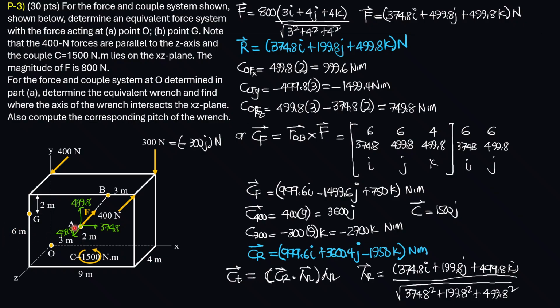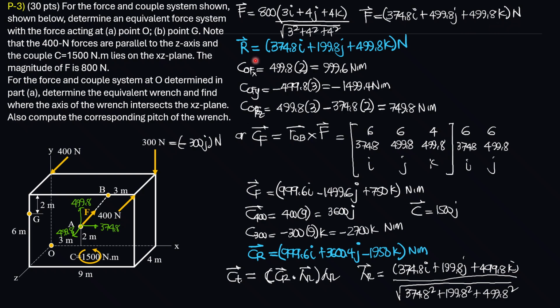So that means we move up by 4, so 4j. And we move forward because point A is on the wall, or on the XY plane, and this is 4 meters, so 4k. Divided by the magnitude, square root of 3 squared plus 4 squared plus 4 squared. So F in vector form is 374.8i plus 499.8j plus 499.8k newtons.